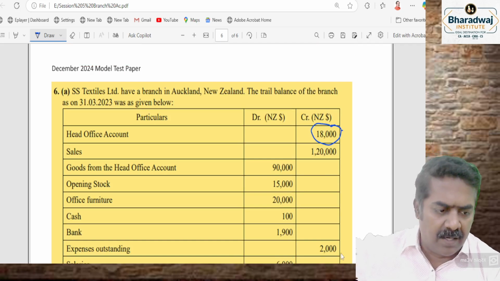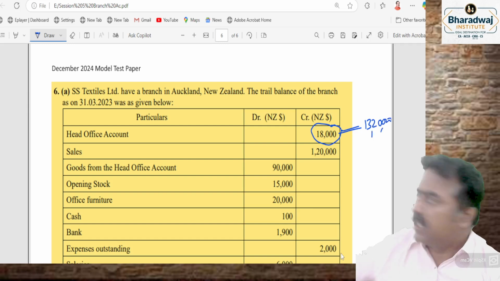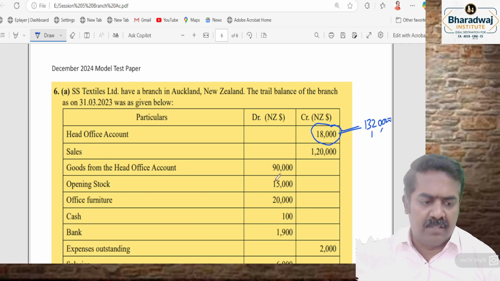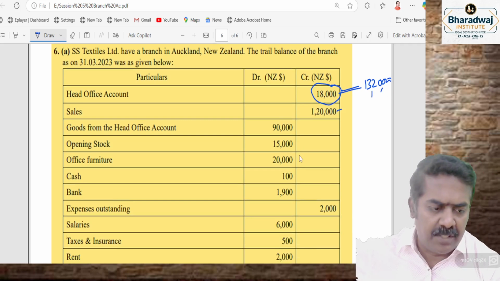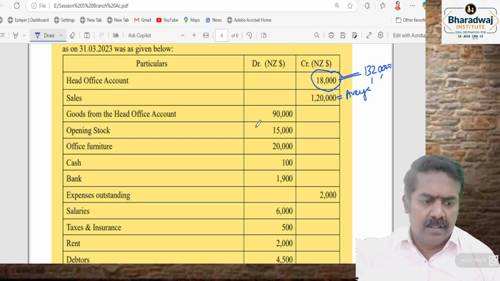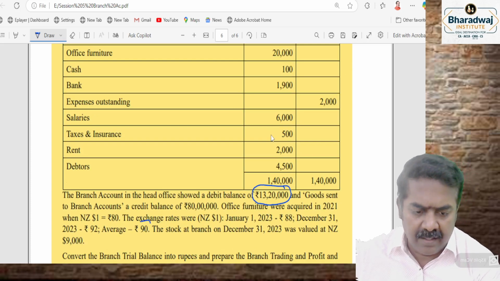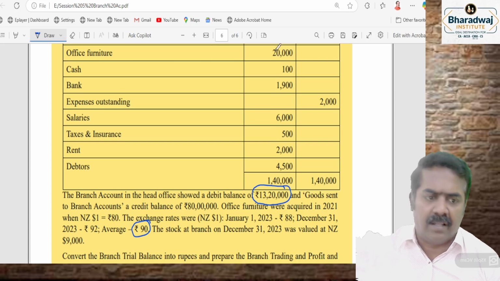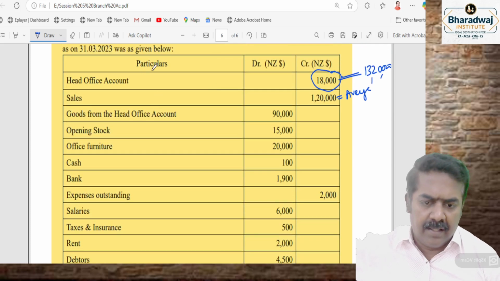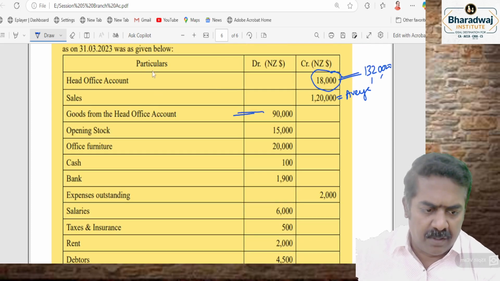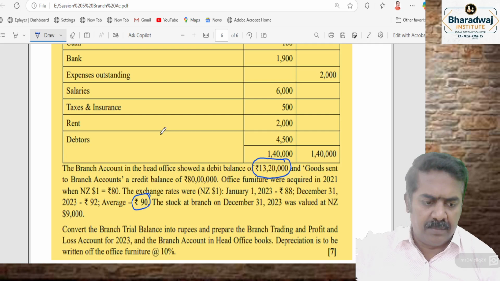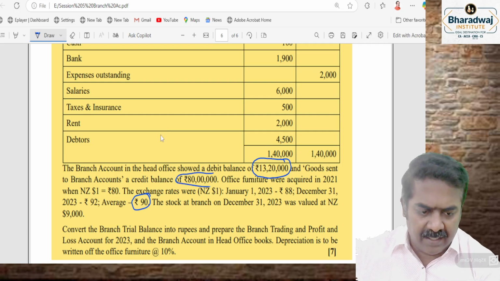So the converted trial balance for this will be 13,20,000. Sales we will convert using which rate? Average rate. What is the average rate given? 90. Then goods from head office we will take actual value. What is the actual value? 80 lakhs.